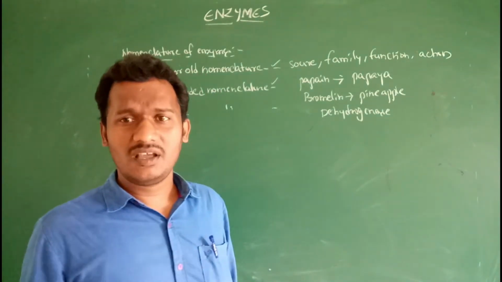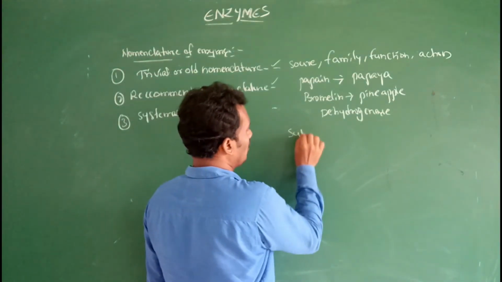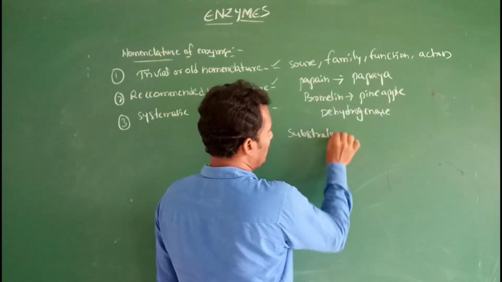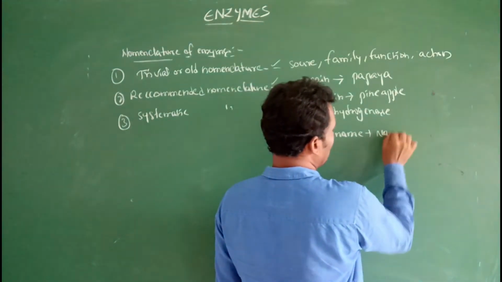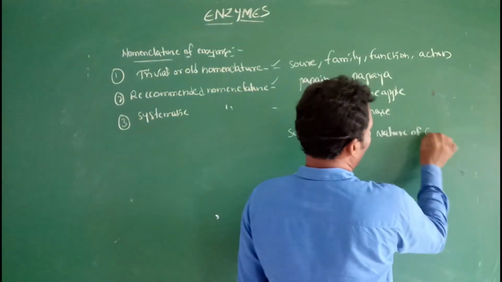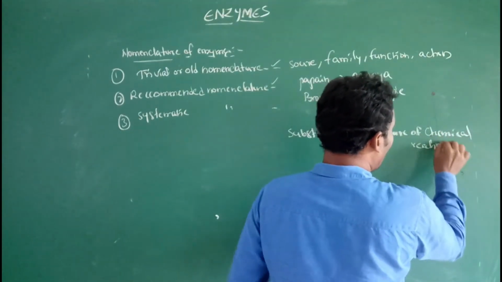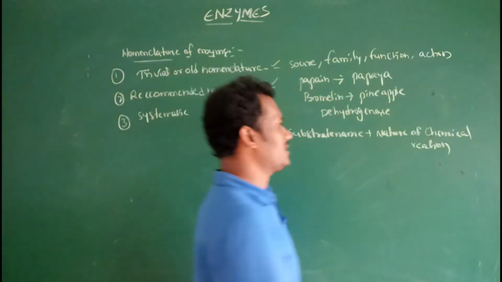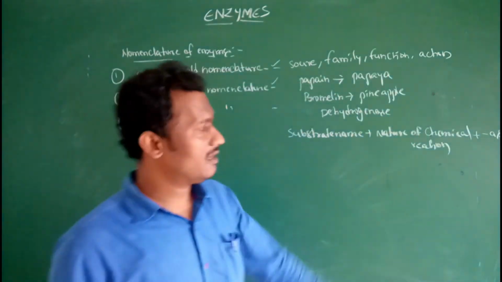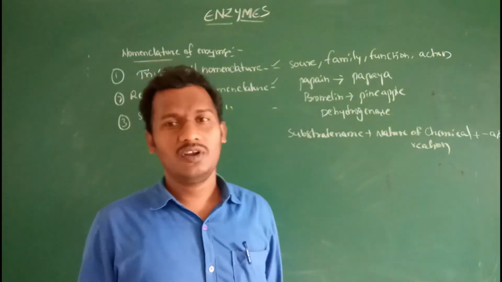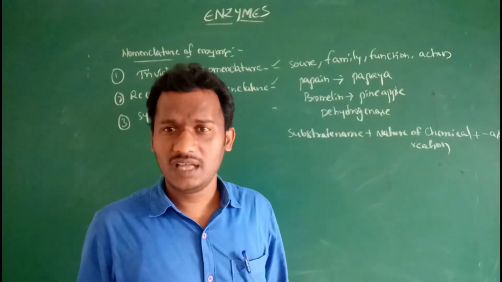So according to this nomenclature, each enzyme name contains the substrate name, then the nature of a chemical reaction, nothing but the name of a chemical reaction. Next one, the suffix word. Generally the suffix word "ase" is used for enzymes, added to the root word of the substrate.